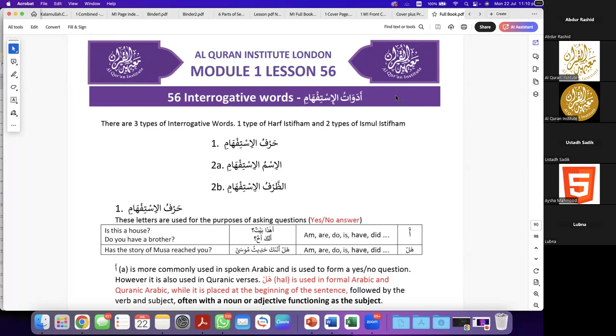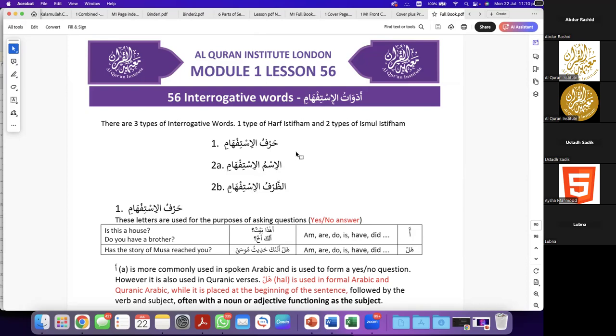Now, interrogative words, there are 3 types. One of them comes under the category of harf, which is harf istifham, and 2 fall under ismul istifham. Harf istifham, I will explain what that is in a moment. As Dr. Muhammad is showing, mainly 2 types, and type 2 has 2 subtypes under it.